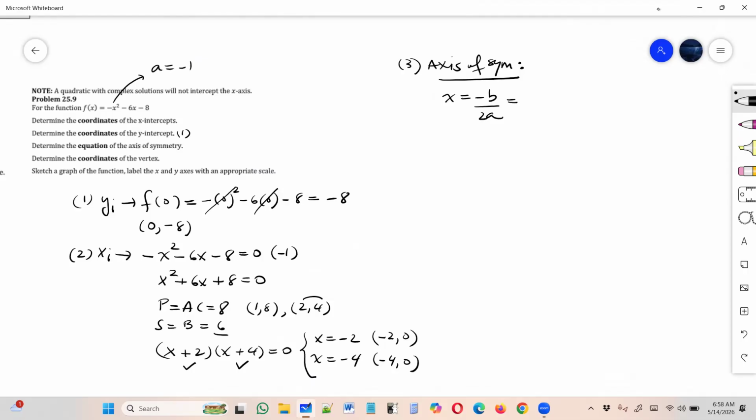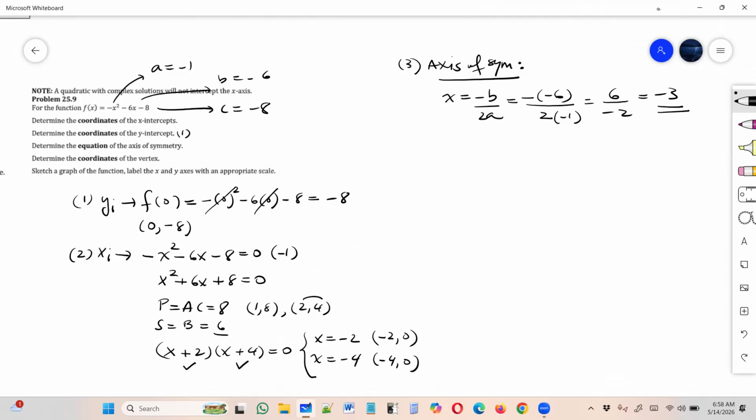A is -1, B is -6, C is -8. Okay, so minus B, minus -6 again, over 2 times -1. This is 6 over -2, which is -3.